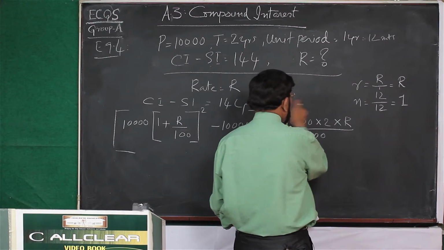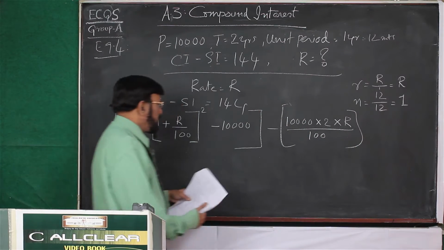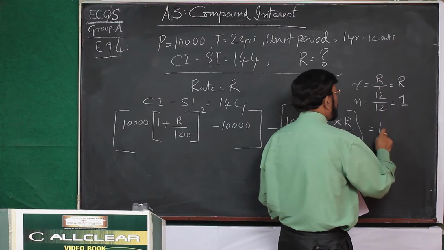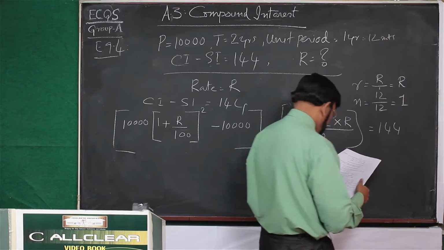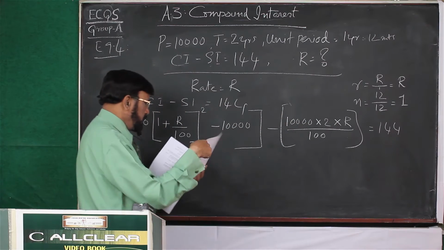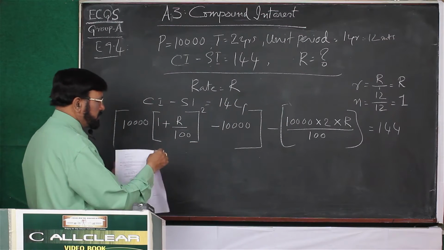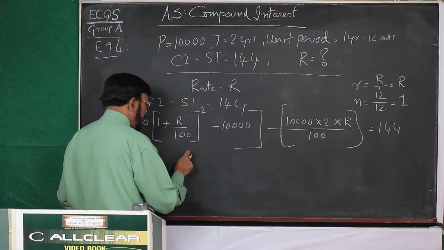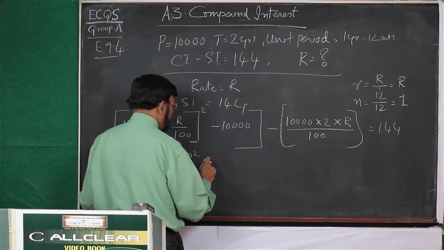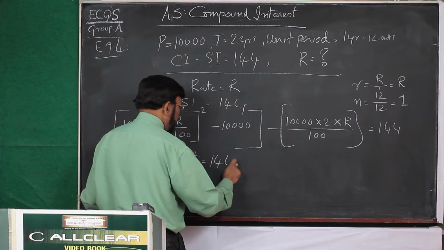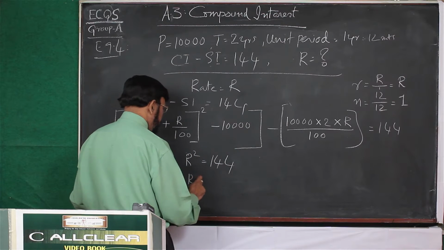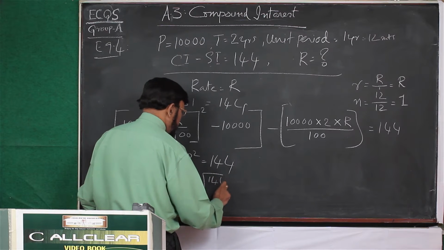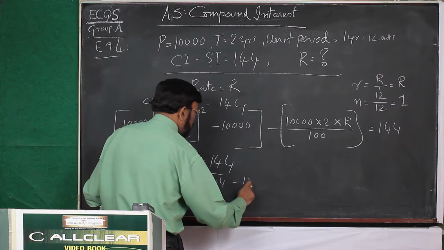So, if you resolve that, this is equivalent to 144. If you resolve this equation, then this is R square. R square is equal to 144. Then R is equal to the square root of 144, which is 12%.